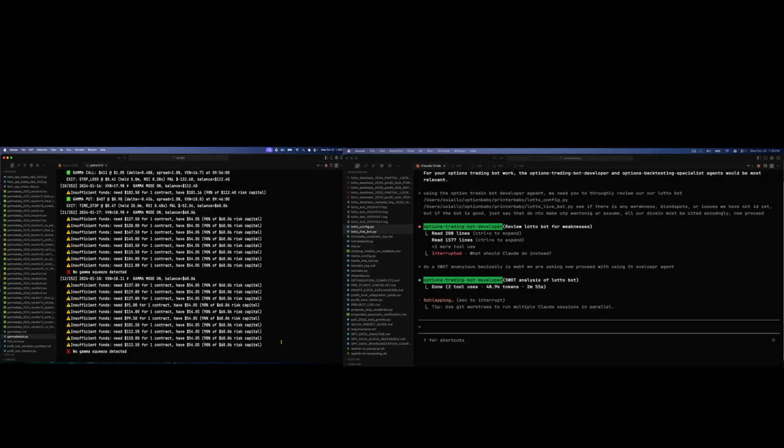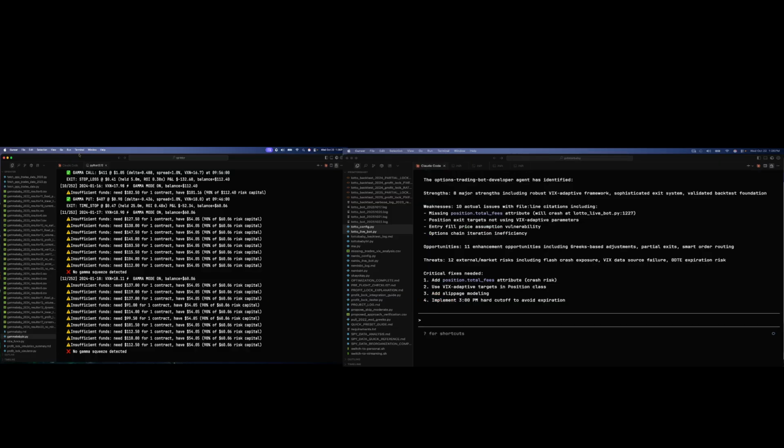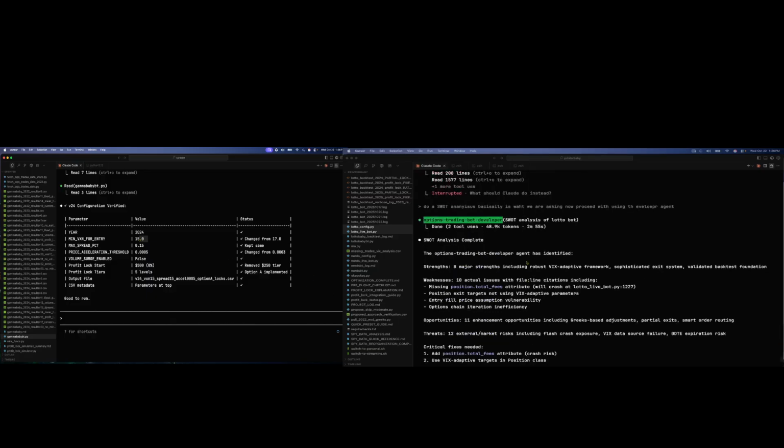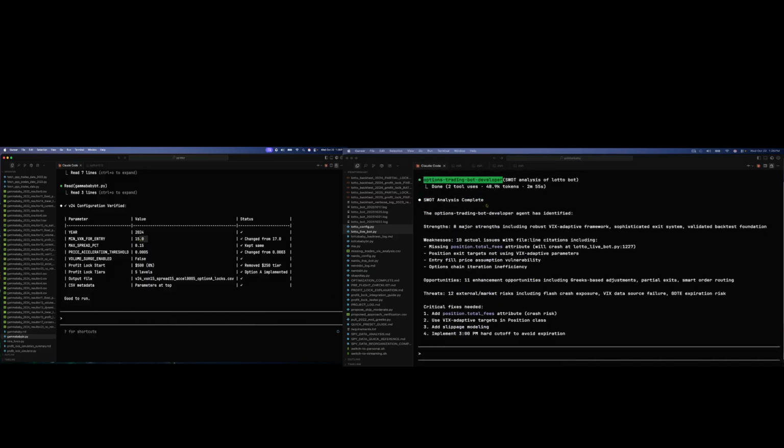That 15 max spread. Where's VIX? VIX 15, maybe a little bit too loose. I think we should have just done it from 17.